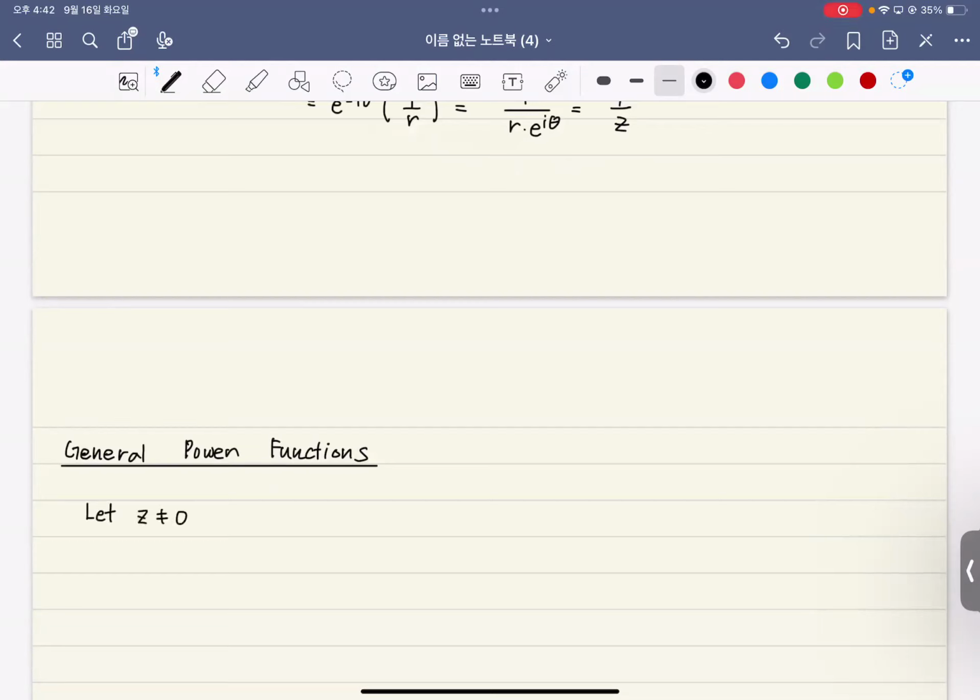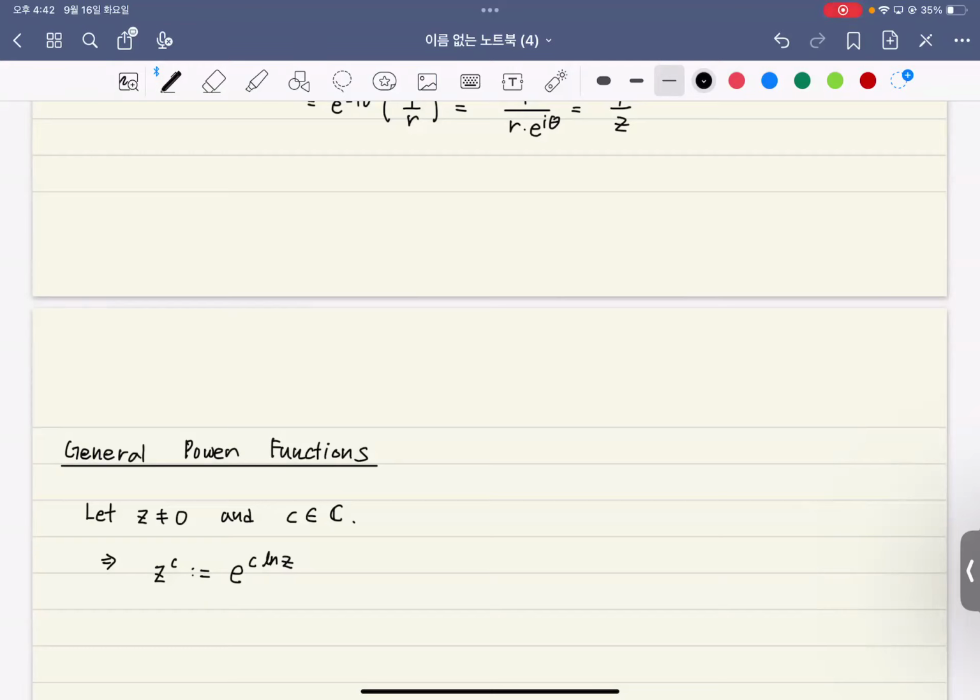Choose any non-zero complex number z as a base, and c is any complex number. Then I can define z to the c to be e to the c times ln of z.